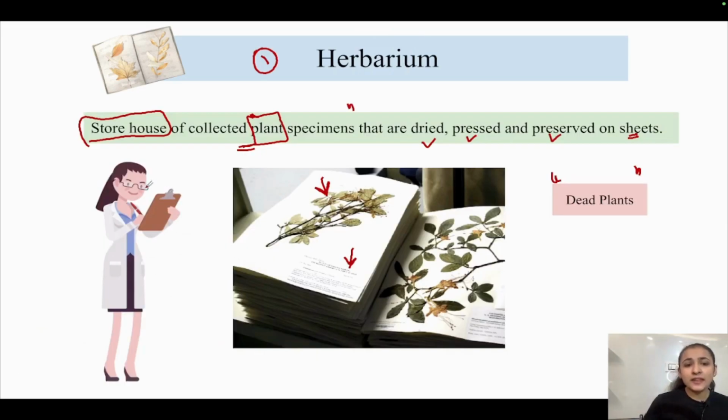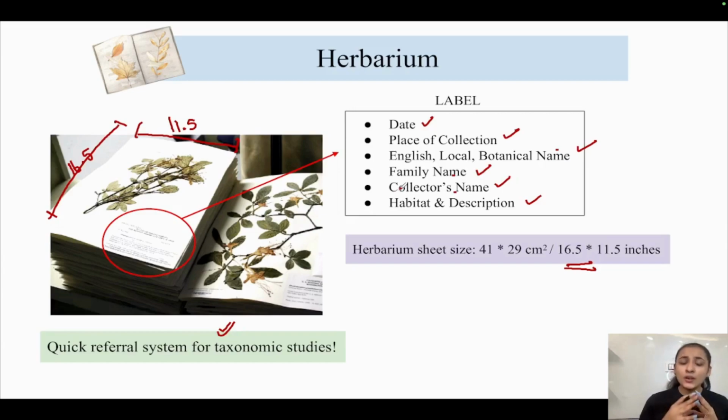So, it would be very easy for Emma, if she takes her plant to a herbarium, to compare it with all the already known plant specimens that are present in the herbaria. Okay, and in herbaria, all the plant specimens are arranged as per a universally accepted system of classification.